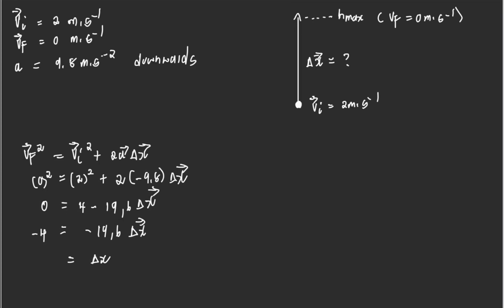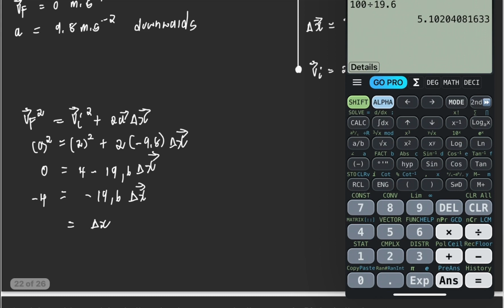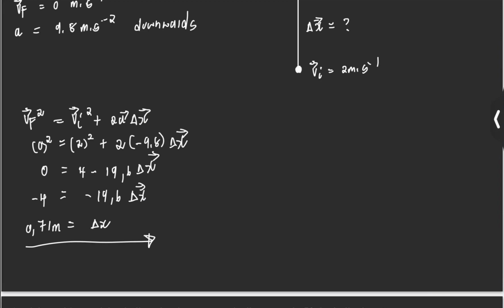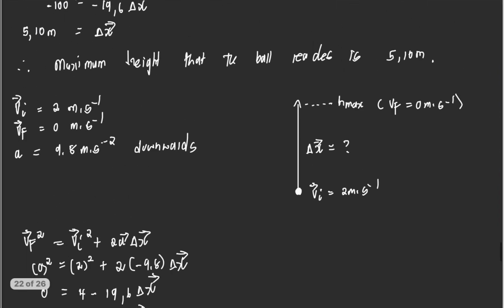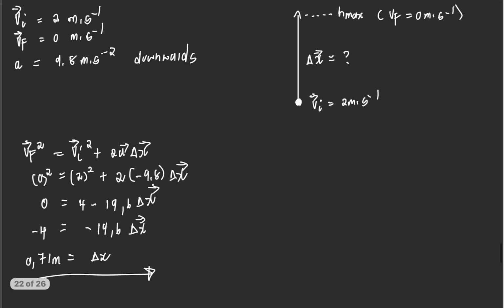Then you divide both sides by 19.6, so it's 4 divided by 19.6, which is 0.71 meters. So that's how simple the calculations can be. I understand that the first question was a bit complicated, so some of you might not have understood.